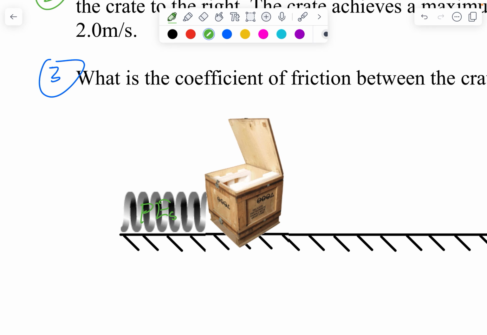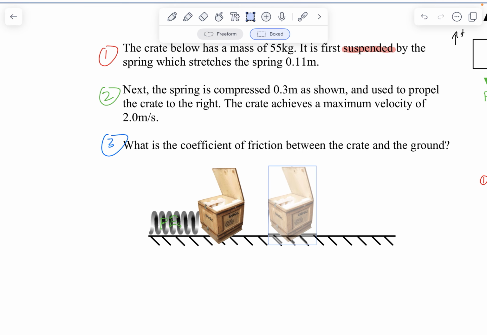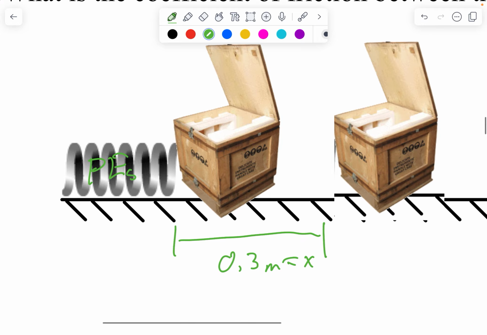We store some energy with the spring, and then we're going to use it to propel the crate to the right, so the crate is going to get shot this way. From the edge of the spring until the spring uncoils, that's my 0.3 meters, which means I had to compress the spring 0.3 meters. That's my X that I get when I compress the spring.